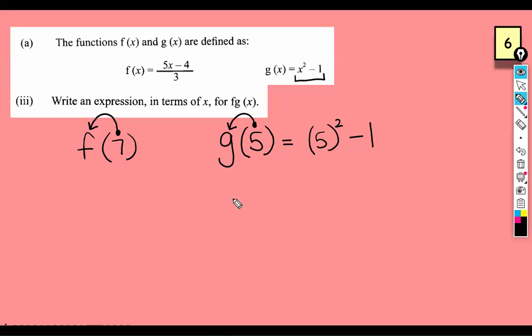Quick question. If I said find Gx, remember, it has X in the brackets here. It doesn't have a number. Doesn't make sense? No, sorry, you can view it the same way. You can work backwards. You can put X into what?